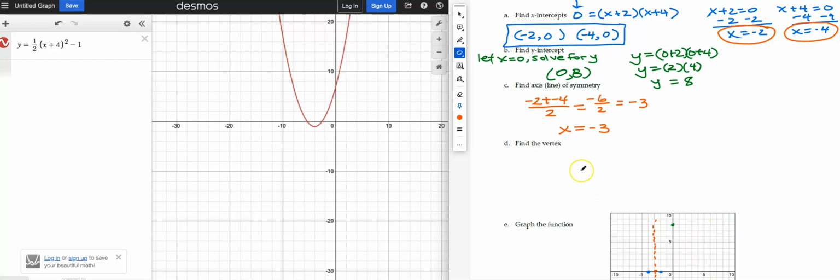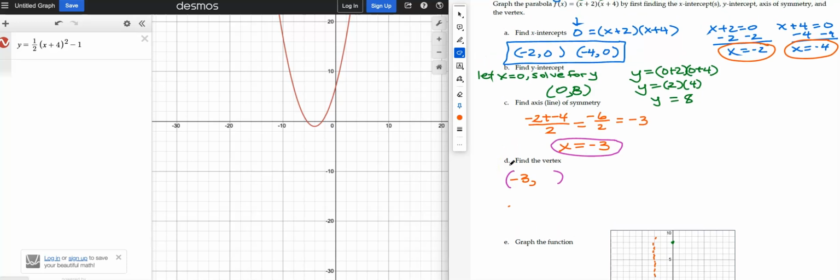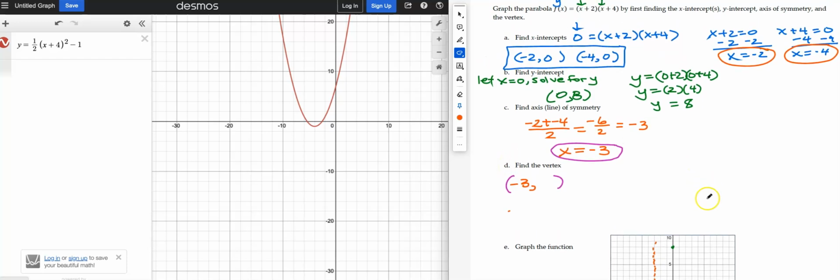Now we can use this x value to help us figure out the other part of our vertex. For my vertex, I know that x equals -3, so let's put in -3 right here. But then we need to find the y, and we can find the y by plugging that -3 back in place of x.